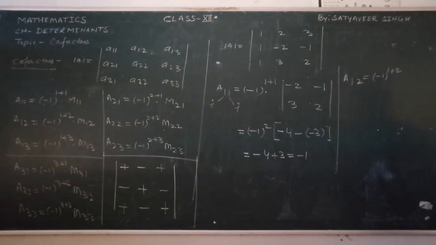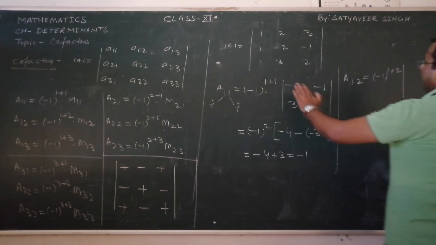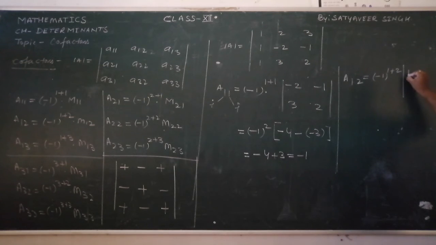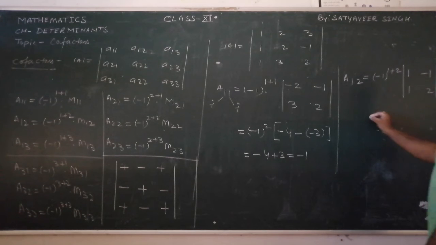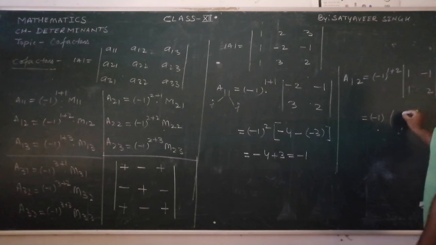So here you will solve similarly. You will write the determinant of the remaining elements, this row, this column, and the first row you will write 1, minus 1, and 1, 2. Then further you will solve. Here it becomes minus 1, and here it is 2 into 1, minus as per rule, and into minus 1.